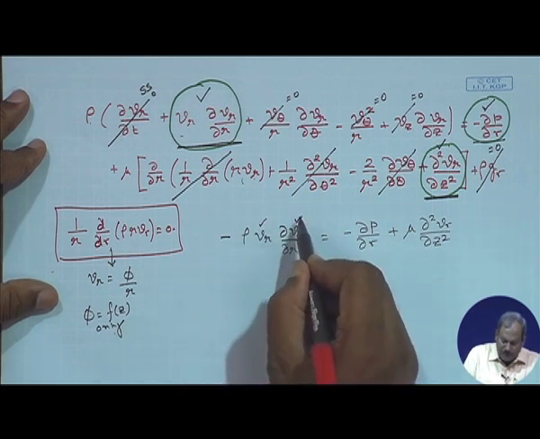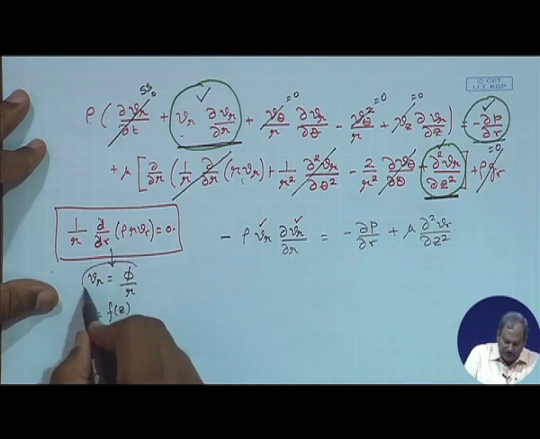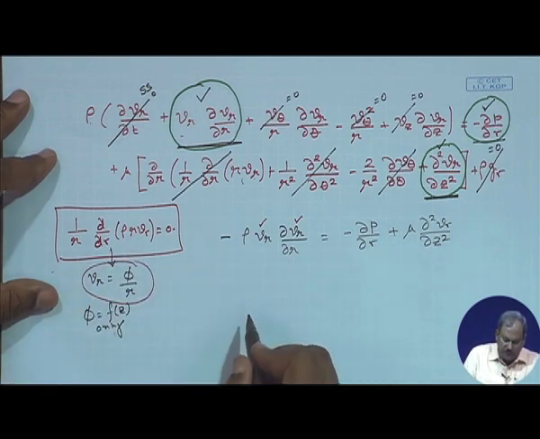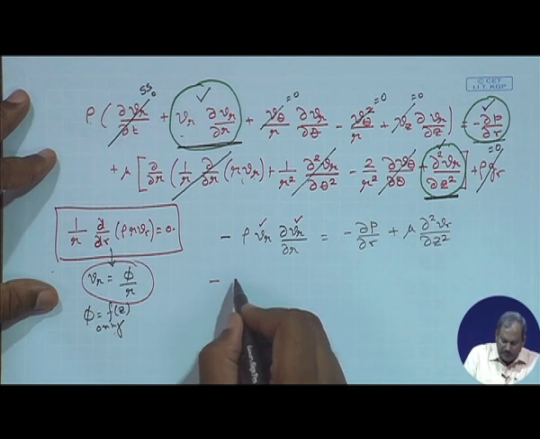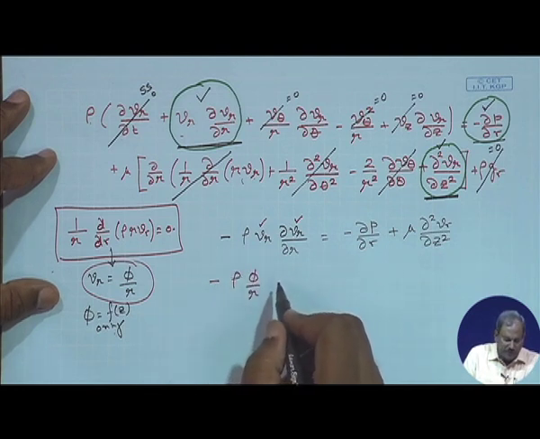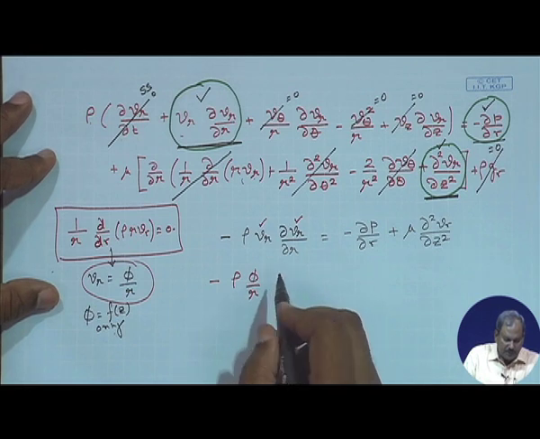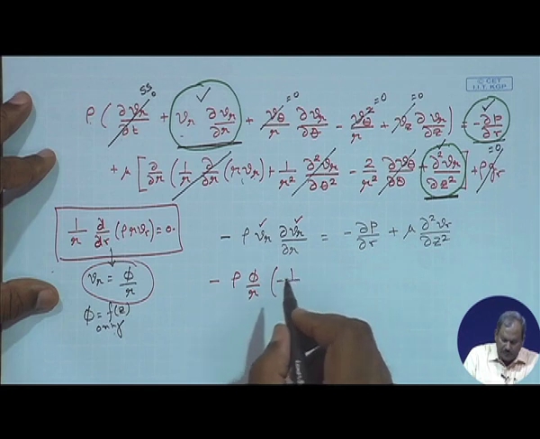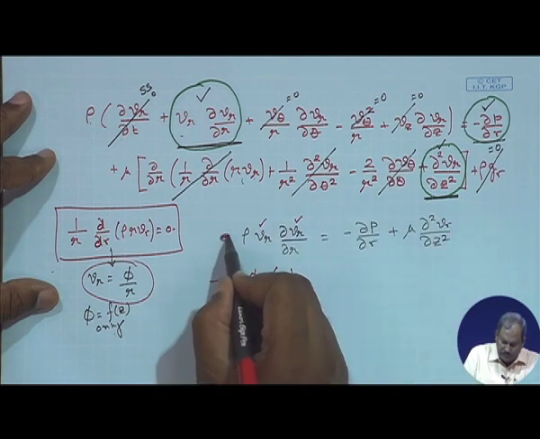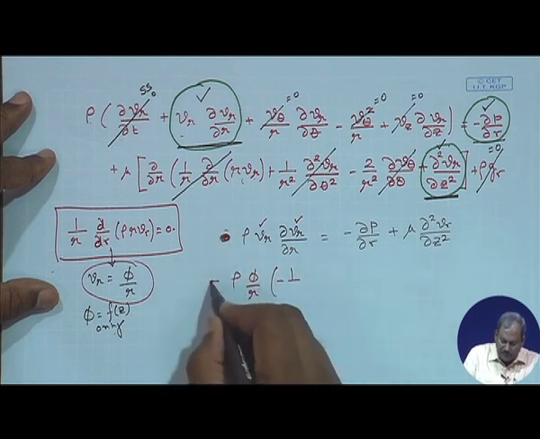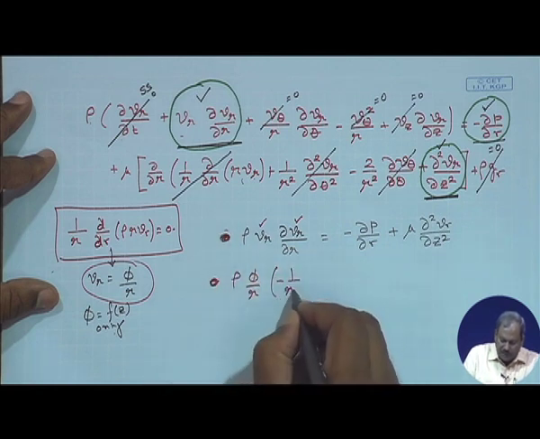So this is the governing equation for flow in such a system, and I am going to substitute Vr and del Vr del r from this relation. So what I would get is minus rho phi by r into del Vr by del r, which would be plus, this is not minus, this is plus, 1 by r square.